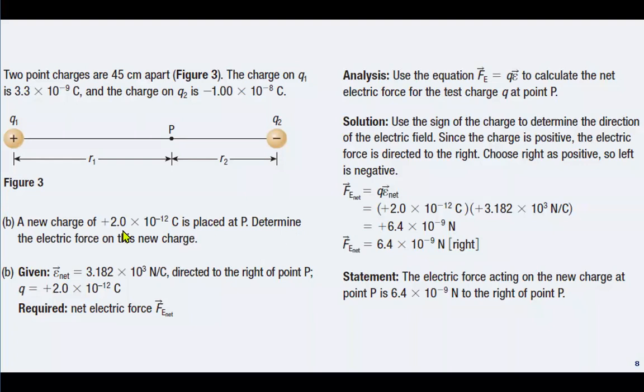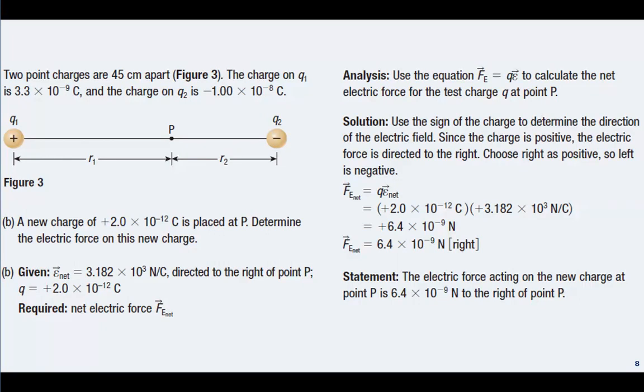Putting all the values in, we have the net electric force on the new charge at this point is 6.4 times 10 to the power of -9 newtons. And the direction is to the right, because the charge is positive. So the electric force should be directed in the same direction as the electric field.